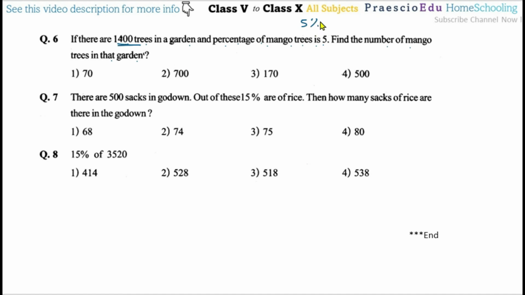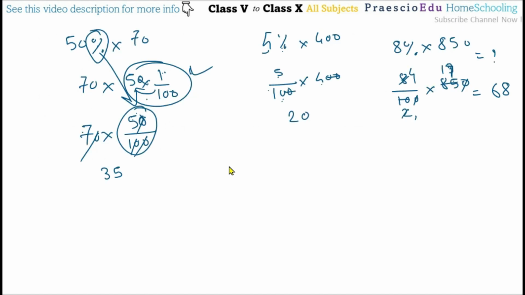Percent means per 100, so we can say in every 100 trees there are 5 mango trees. Okay, I am again repeating, out of every 100 trees there are 5 mango trees. So for these 1400 trees, how many mango trees? That is the meaning. So 5%, I just write down here, multiply by 1400.